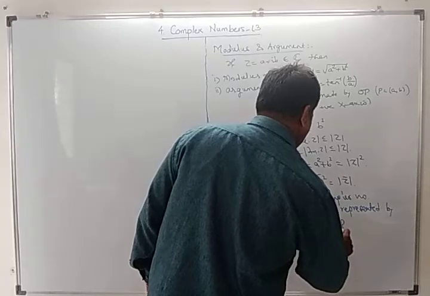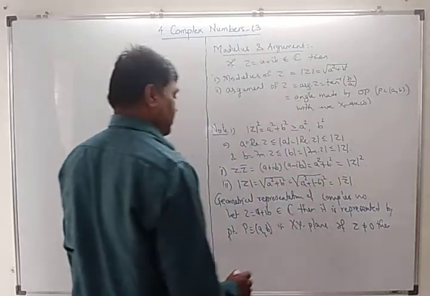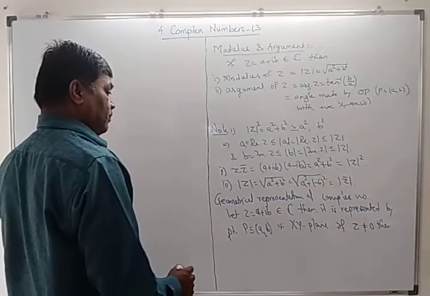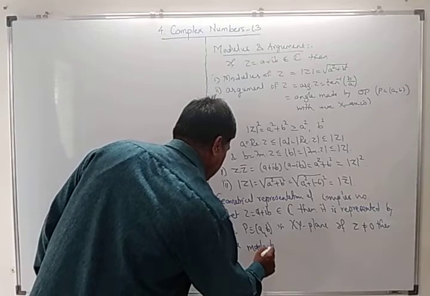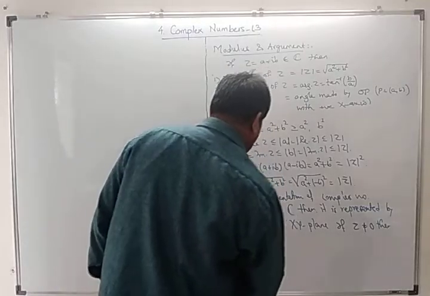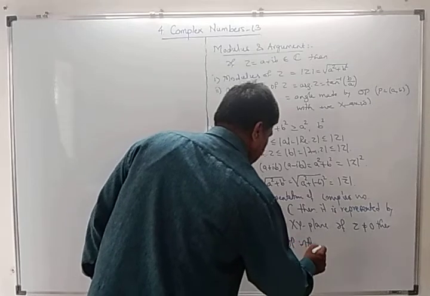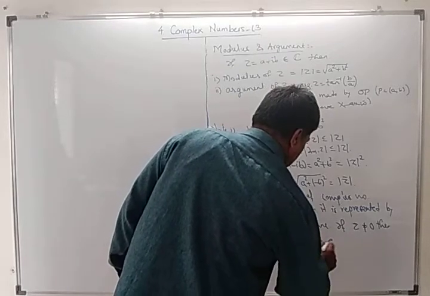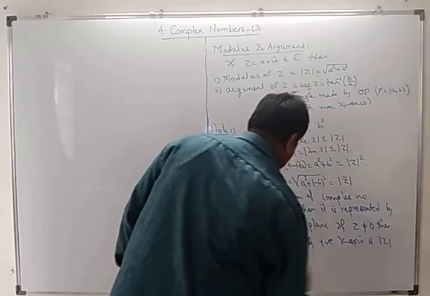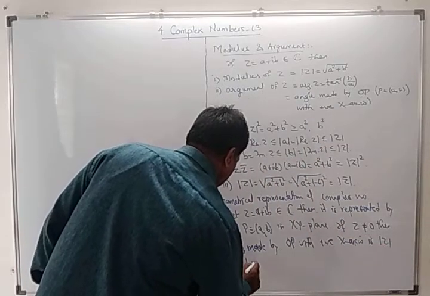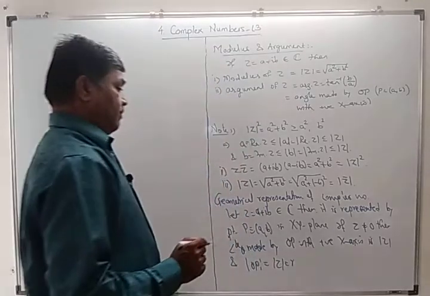If z not equal to 0, then angle theta made by OP with positive x-axis is argument of z, and length of OP is equal to mod z, which is denoted by r.